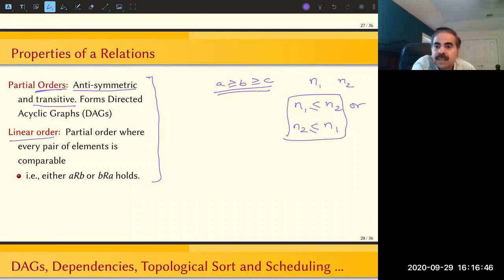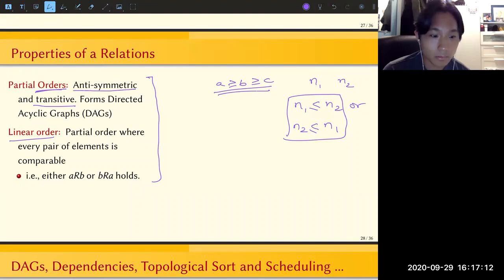So what would be an example of that? What was the other example I gave for antisymmetric and transitive?